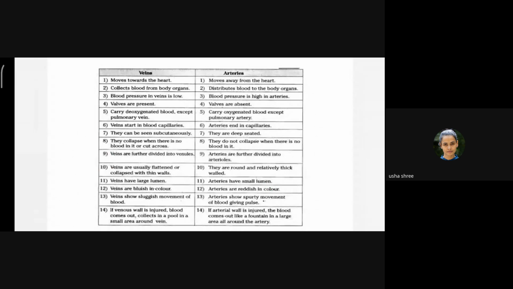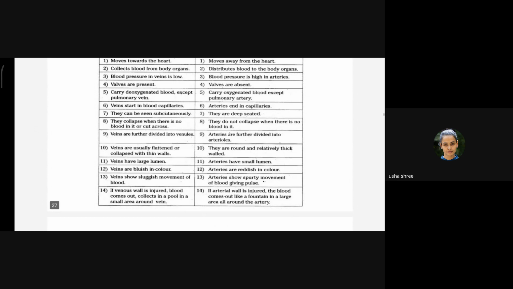That is the difference between artery and vein, where arteries have greater pressure in comparison to veins. That is why when arteries are injured, blood comes out just like a fountain over a large area around the artery. But in the case of veins, it is not like a fountain. It is collected just like a pool.